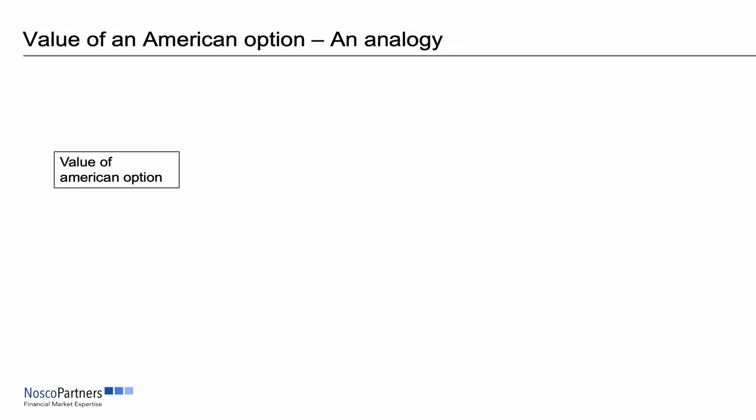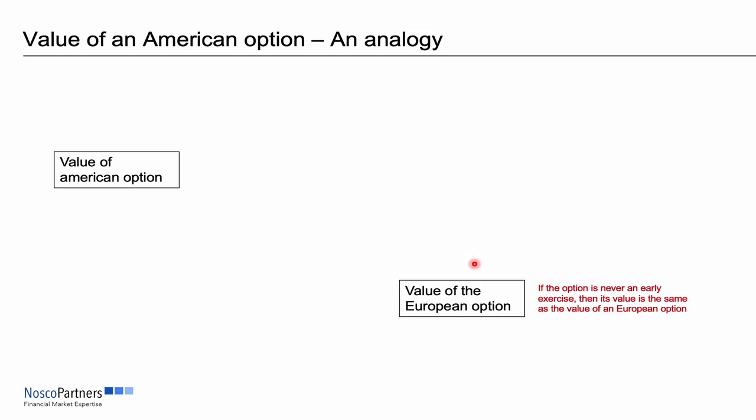Now let me make an analogy. I would like to summarize a bit what I said. Here you have the value of the American option. And the value of the American option has like two minimum values. One minimum value is the value of a European option, and the other minimum value is the parity to spot.